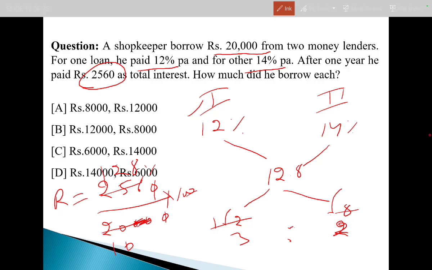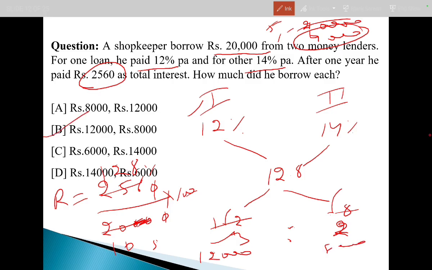So I need to figure out the amount. Total 5 ratio is equal to 20,000, so 1 ratio is equal to 4,000. Since he borrowed 3 ratio, 3 into 4,000 will be 12,000, and 4,000 into 2 will be 8,000. So the answer will be B for this question.